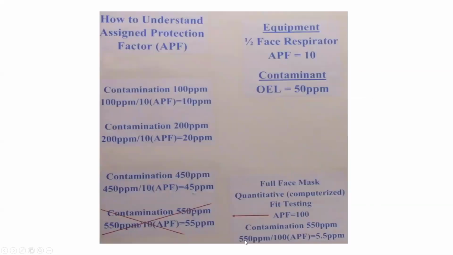So if we divide 550 parts per million by assigned protection factor of 100, the maximum exposure with a properly fitted and worn respirator is no higher than 5.5 parts or particles per million, way below occupational exposure limit. That means we are good.